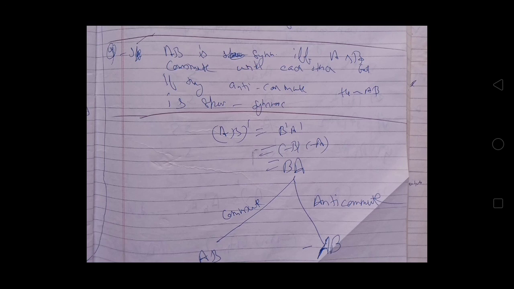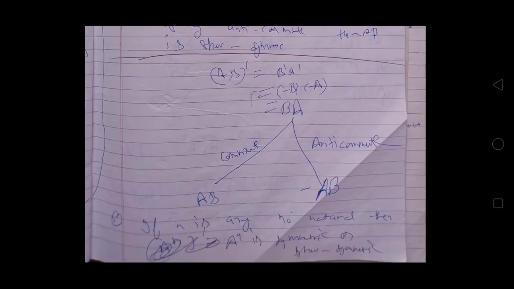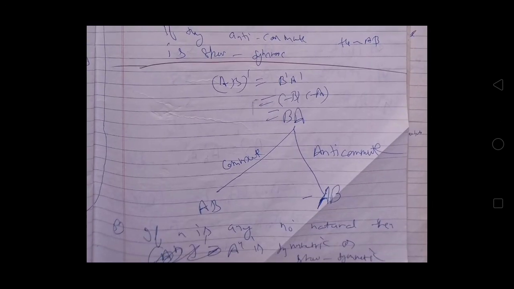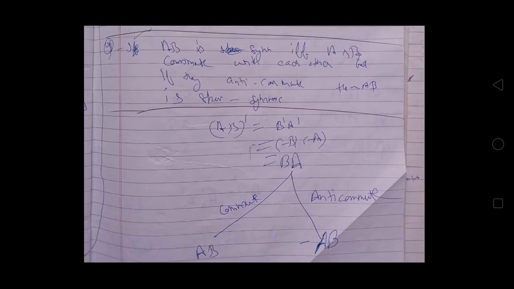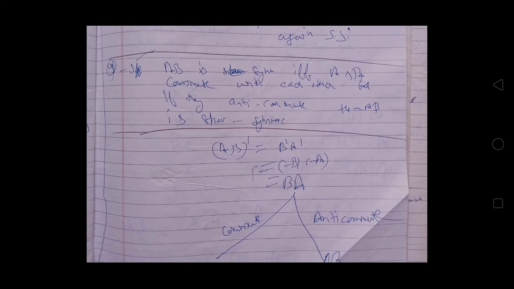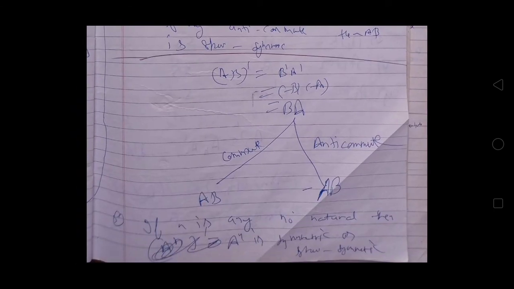Now it will be further equal to BA. If A, B commute with each other, then BA will be equal to AB, and if they anti-commute with each other, then BA will be equal to minus AB. So AB is symmetric if and only if A and B commute with each other, but if they anti-commute, then AB is skew symmetric.